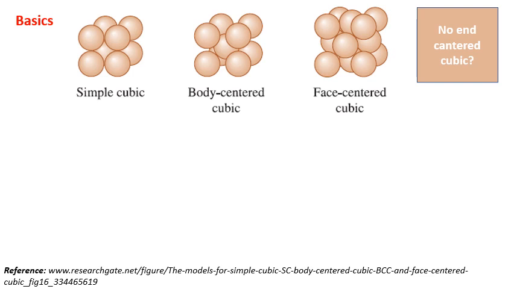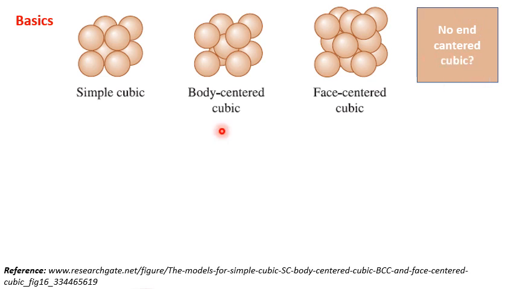In the cubic crystal system we have simple cubic, we have body centered, we have face centered cubic, but we do not have end centered cubic. So why do we not have end centered cubic in the cubic crystal system? We will try to understand why.